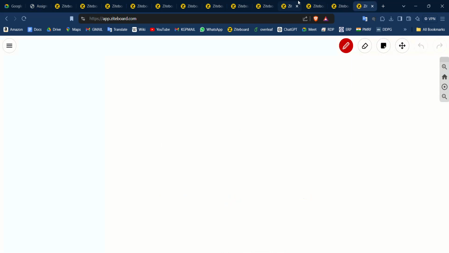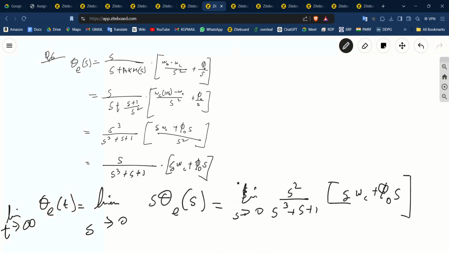Okay, now let's put in the numerator. The s terms go to 0, and this thing will go to delta omega c. So 0 into delta omega c plus 0, divided by 1. So finally this limit evaluates to 0.